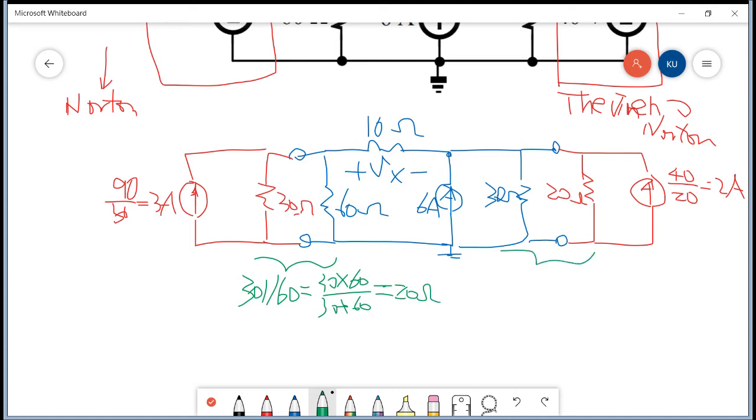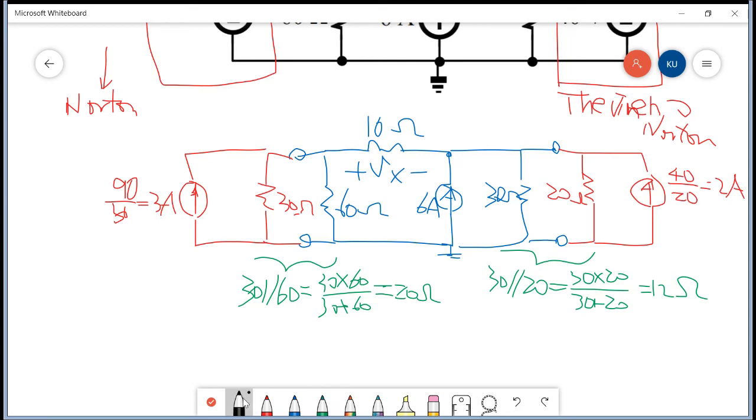And for this part, 30 parallel 20 is 30 times 20 over 30 plus 20, so this is 600 over 50, which is 12 ohm.